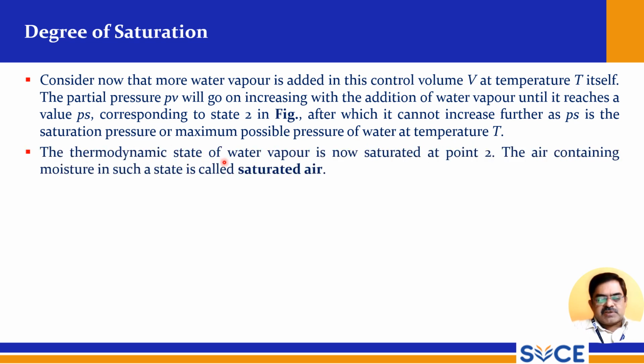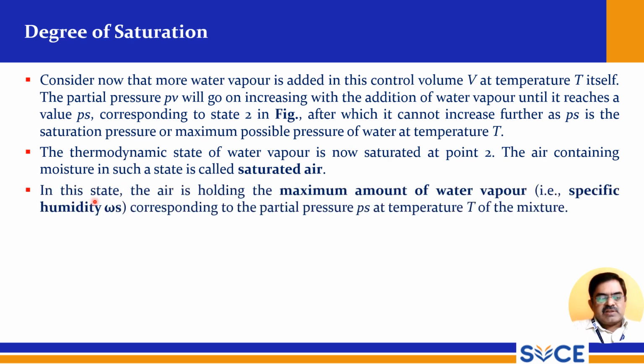The thermodynamic state of water vapor is now saturated at point 2. The air containing moisture in this state is called saturated air, as we have seen in the diagram.